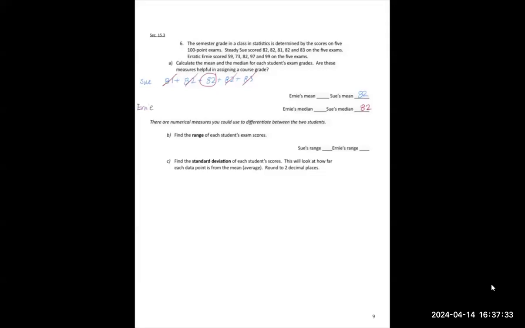So I'm going to try to get them from smallest to greatest. They already are. Anyways, to find the mean or the average, I add them all together. That's 410. And then I divide by the number of numbers, which is 5, and I also get 82.